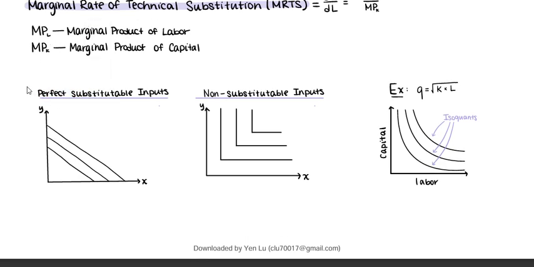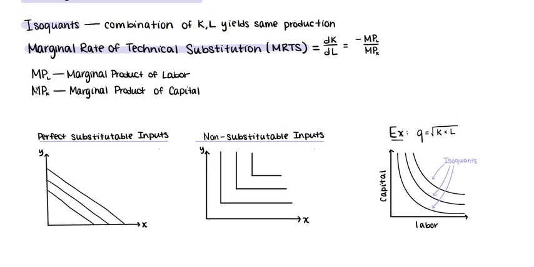So just like an indifference curve, just like a utility function, we have perfectly substitutable inputs. That is, we don't care about capital versus labor; it's the same thing. And we also have non-substitutable inputs.